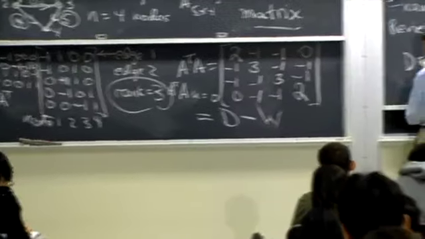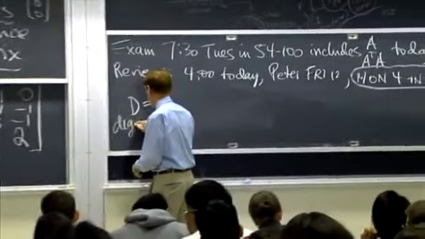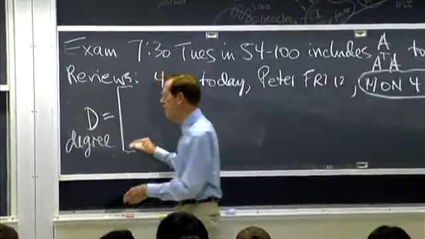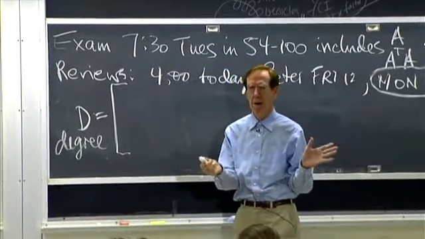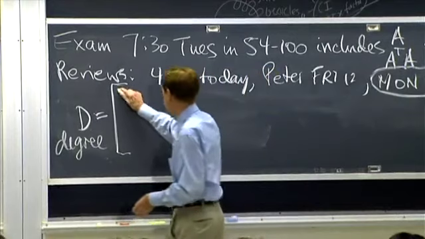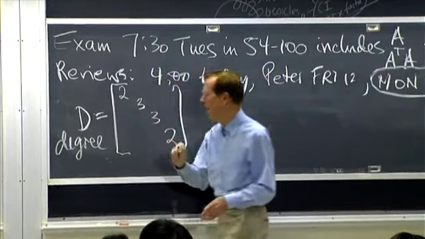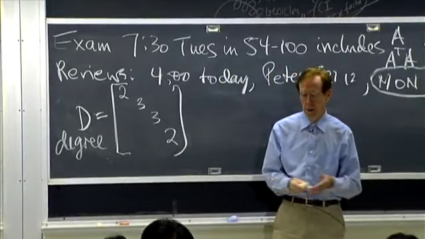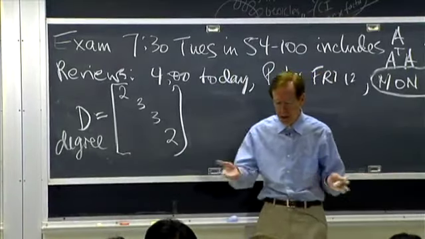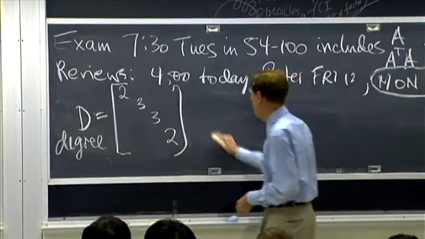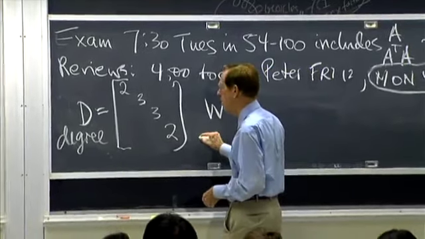So D, the degree matrix. This is like fun because I'm not doing anything yet, I'm just giving names here. 2, 3, 3, 2. The degree of a node means how many edges touch it.